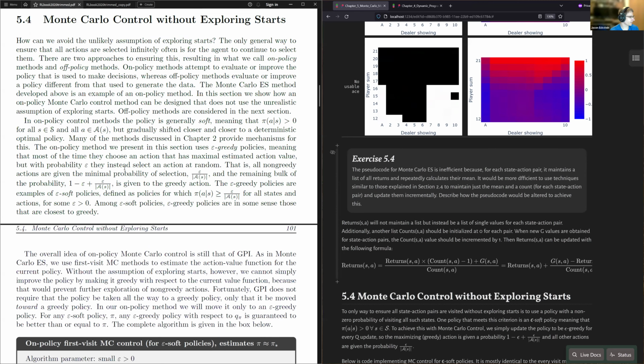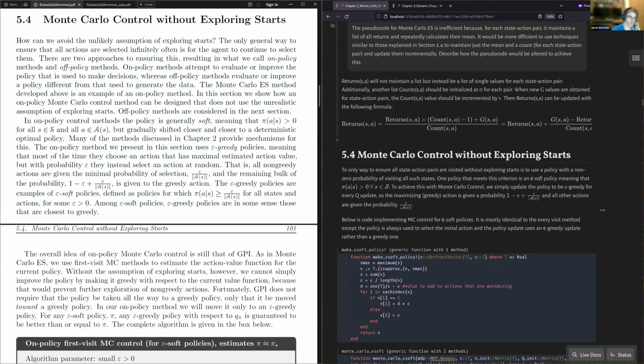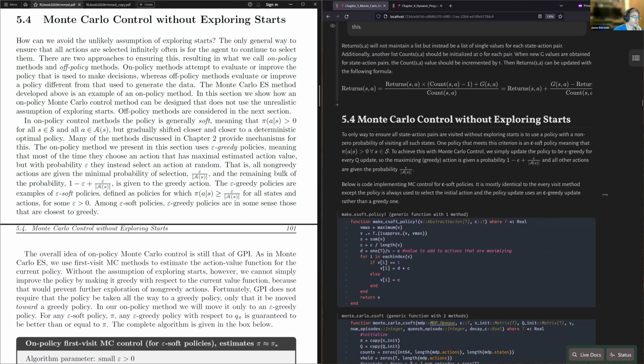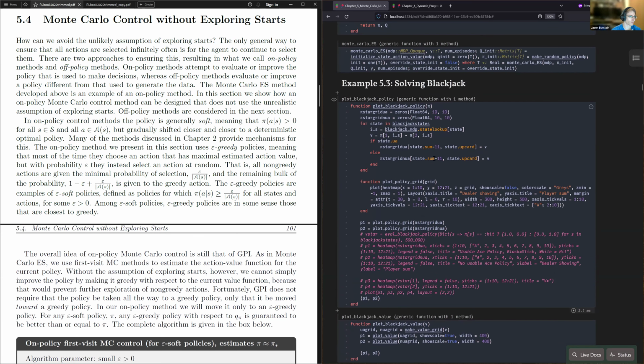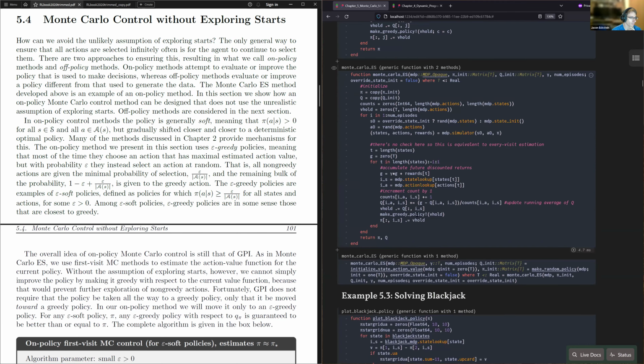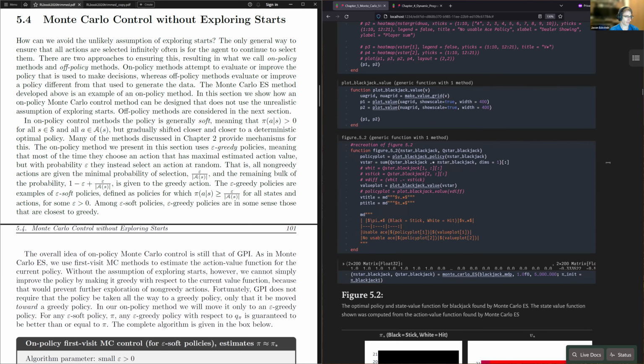Okay, so the next section is a slight alternative to the exploring starts method, which is using an epsilon greedy policy. In exploring starts, when we update the policy, we just make it a greedy policy, and the greedy policy will just take whatever action appears to be the best at this point in the Q estimate.